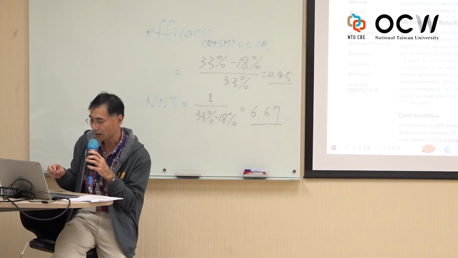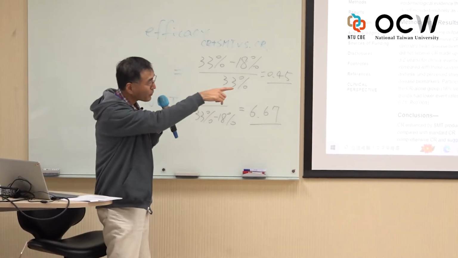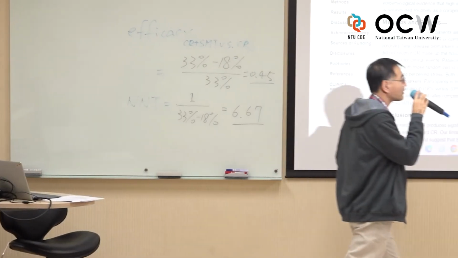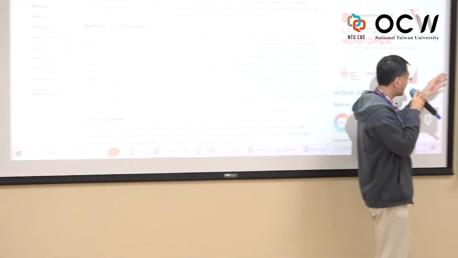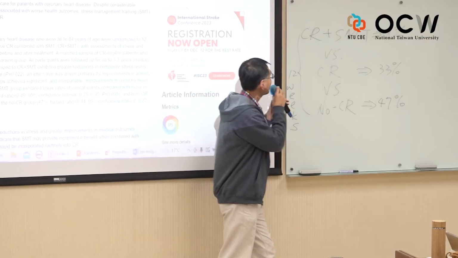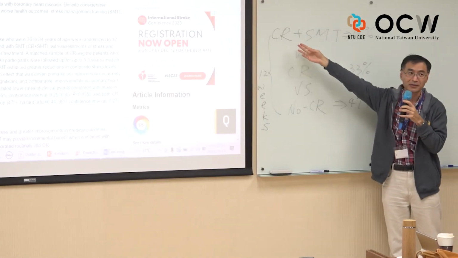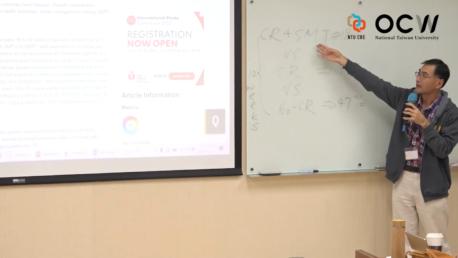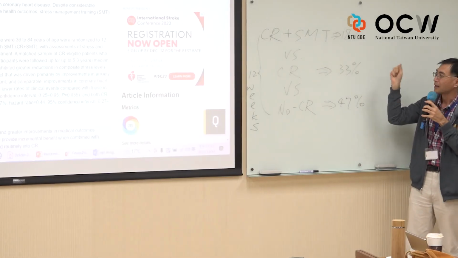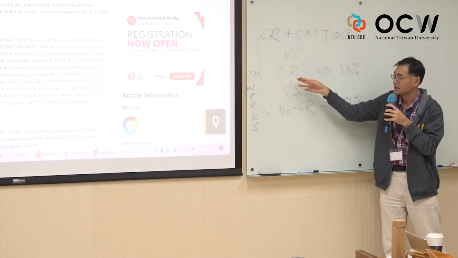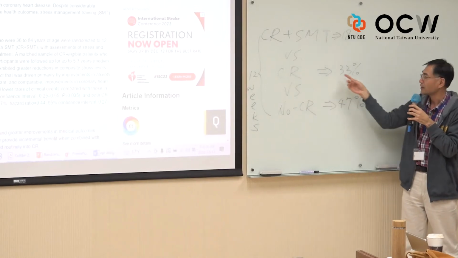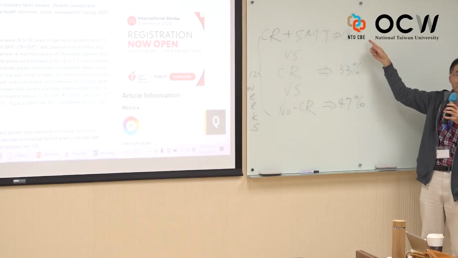Okay, so I put all of the information on the whiteboard there. The intervention period was 12 weeks, right? In this group, traditional treatment, CR, and the new method, 18%. And the group with only traditional or regular care is 33%. So this is much lower, right?